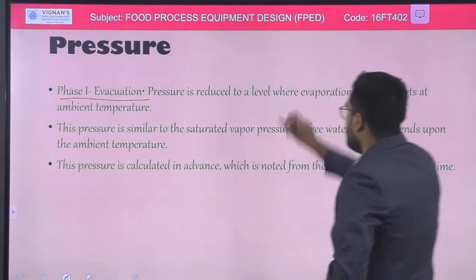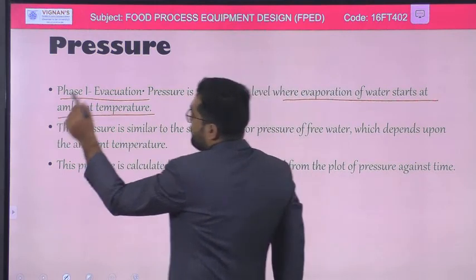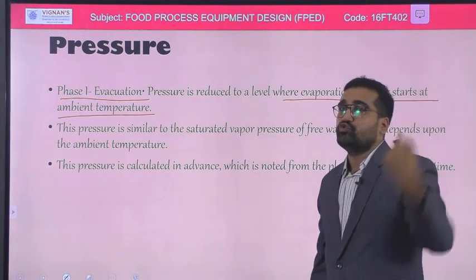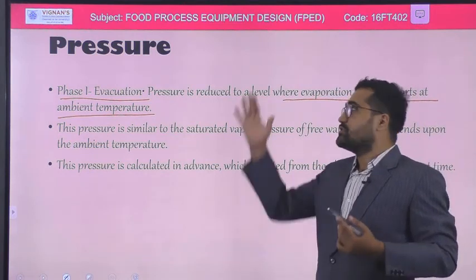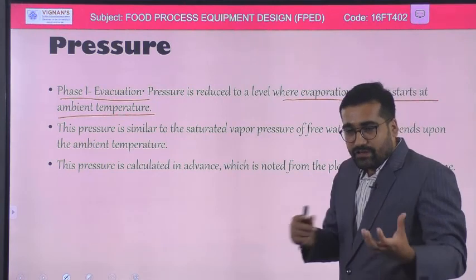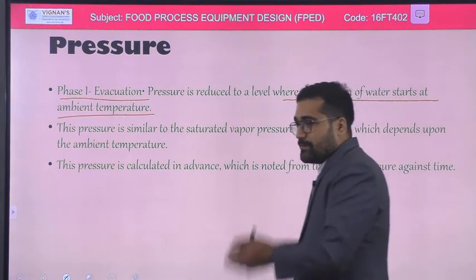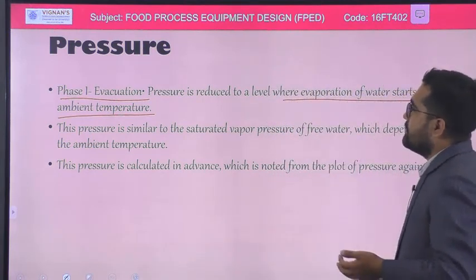So here, at ambient temperature itself, the evaporation starts. We don't have to elevate the temperature too much. Even at 25 to 30 degrees Celsius evaporation can occur if we remove the pressure and reach the desirable pressure.